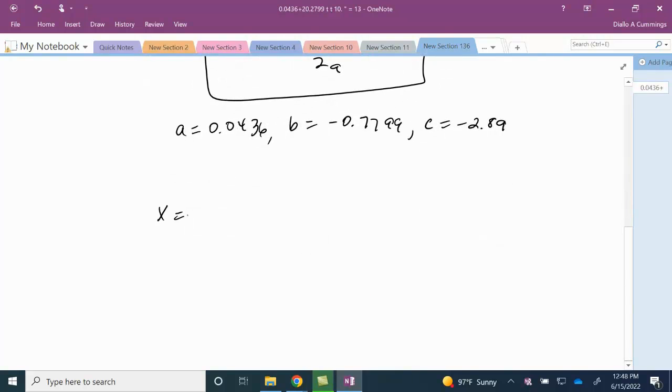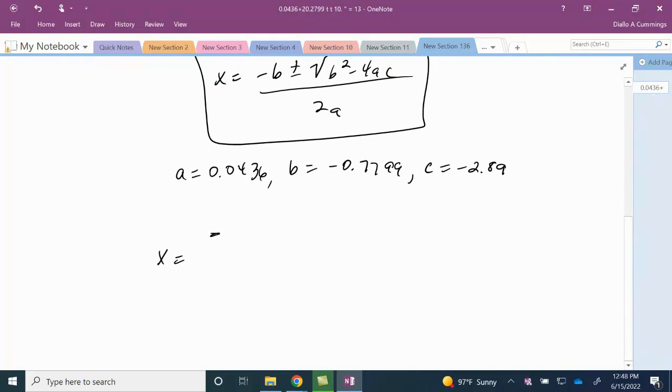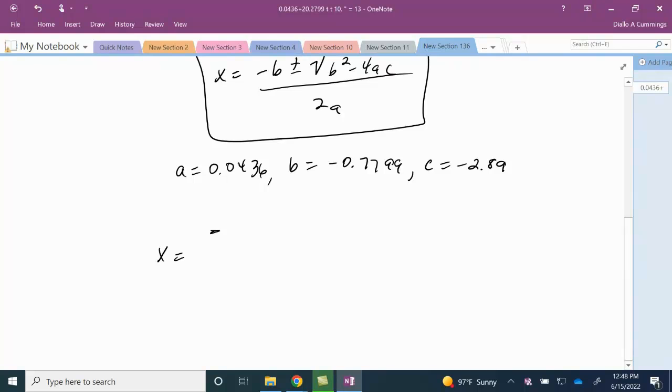Thus we have x is equal to negative, because negative is a part of our quadratic formula. B is also negative, so we must make sure we substitute a negative 0.7799, plus or minus the square root of b squared.